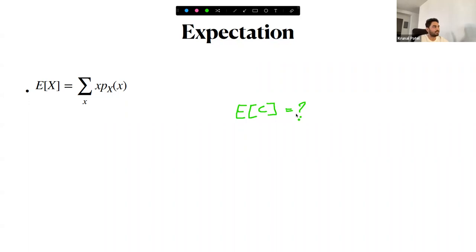Some of them are saying the constant itself. All you have to do is put this constant function in this formula. The people who said zero, you are wrong, and let's see why. People who say it's the constant itself, you are right. So let's see.